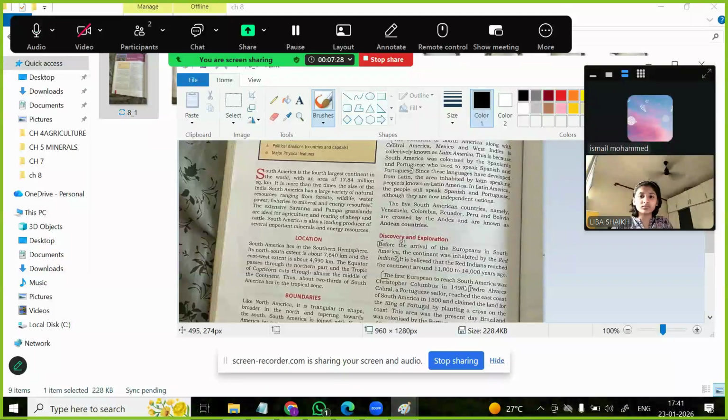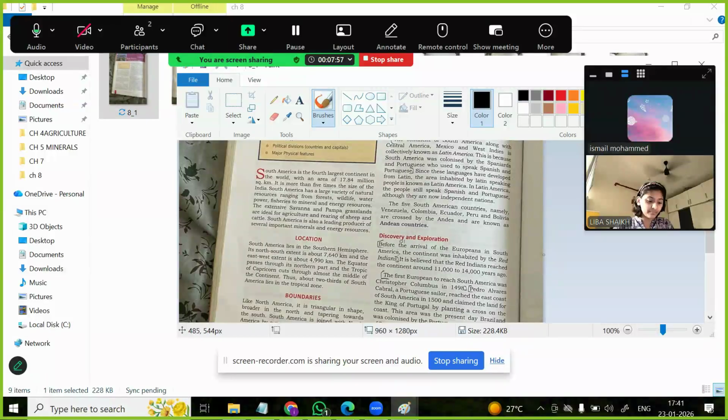So basically, South America is the fourth largest continent in the world. It has 17.84 million square kilometers area. What is the first largest continent? We have Africa, we have Asia, and then North America, and then South America.